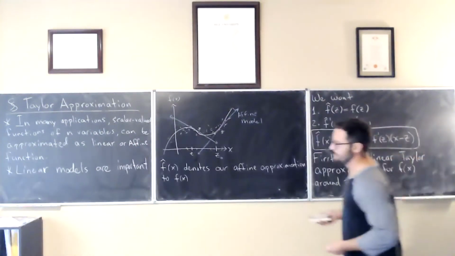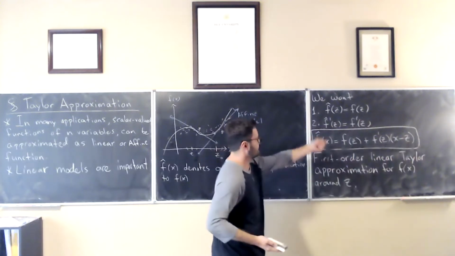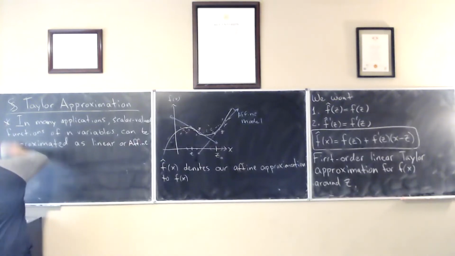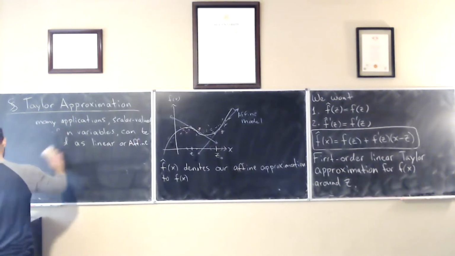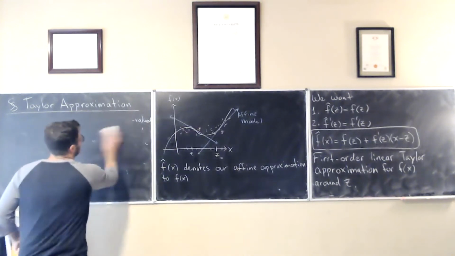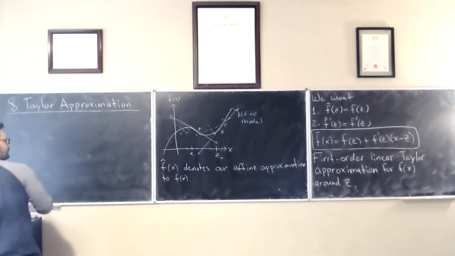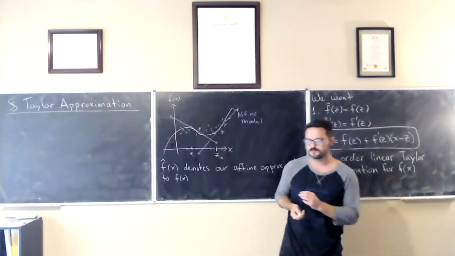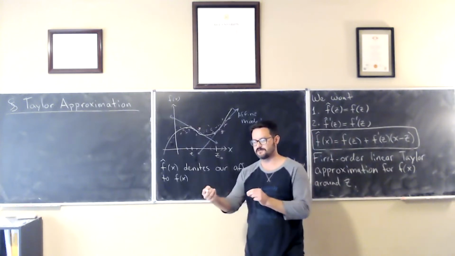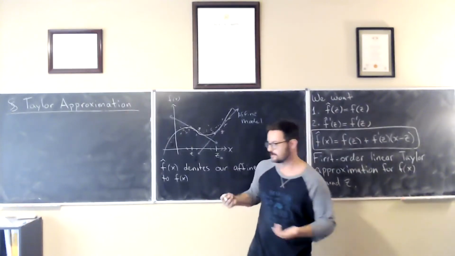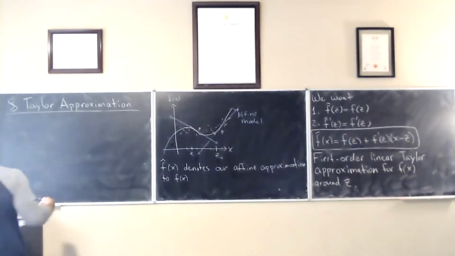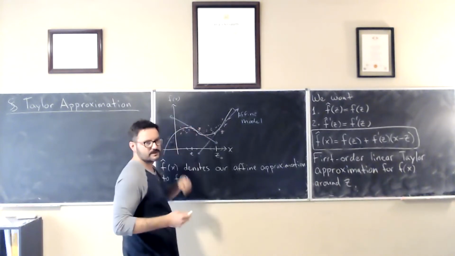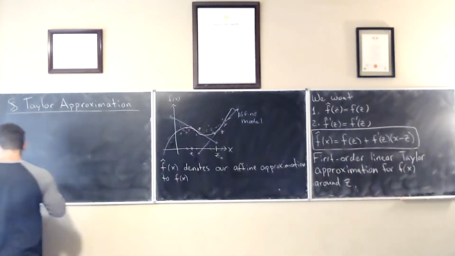But this is just for a function of one variable. What we really want is a function of n variables. And as before, when we were looking at functions of n variables and we wanted to understand how the output changes when we take a step in this direction and this direction, we needed the gradient to do that. We're going to have to look at partial derivatives to make an affine or linear approximation. But it's not difficult.